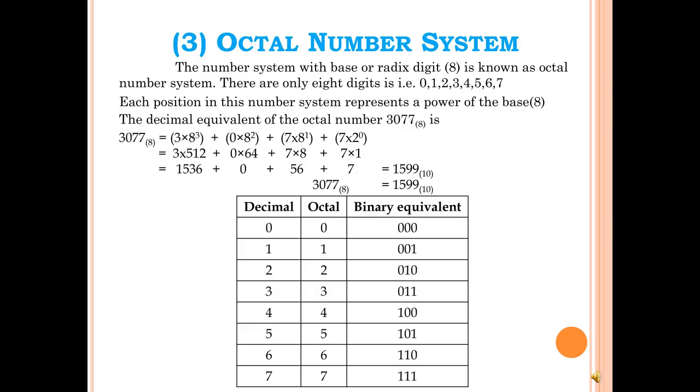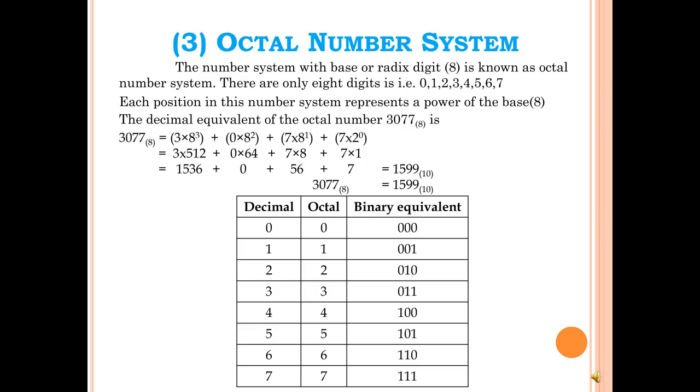The valuation comes after this series as 3 multiplied 512, that is the 8 cube value, plus 0 multiplied 64, 64 is the valuation of 8 square, plus 7 multiplied 8, 8 is the valuation of 8 to the power 1, plus 7 multiplied 1, 1 is the valuation of 8 to the power 0.